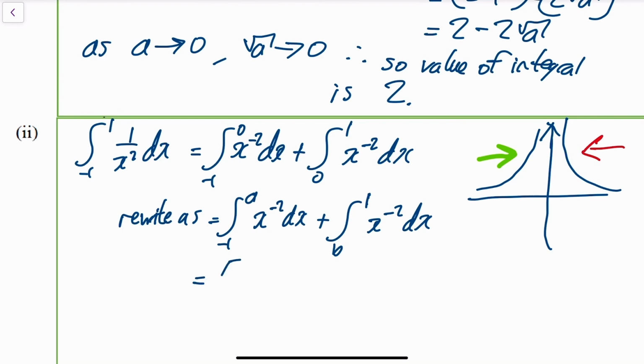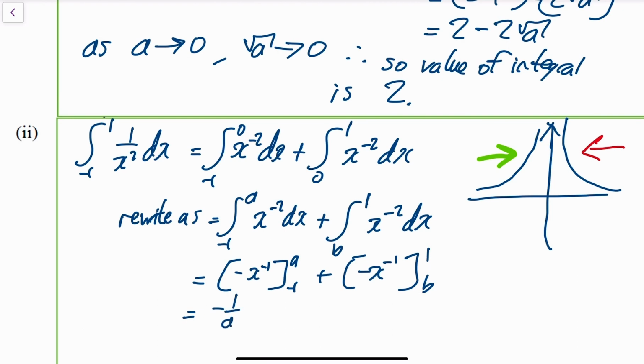Okay, if you integrate those, first of all, you'll have x to the minus 1 divided by minus 1, and that's between a and minus 1. And this one is minus x to the minus 1, and that's between 1 and b. And if you fire that thing in, you're going to have minus 1 over a, minus of plus 1, apologies.